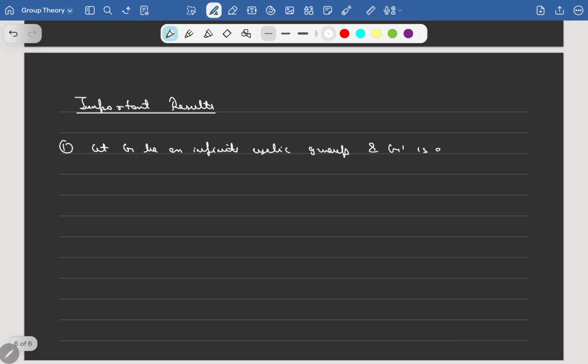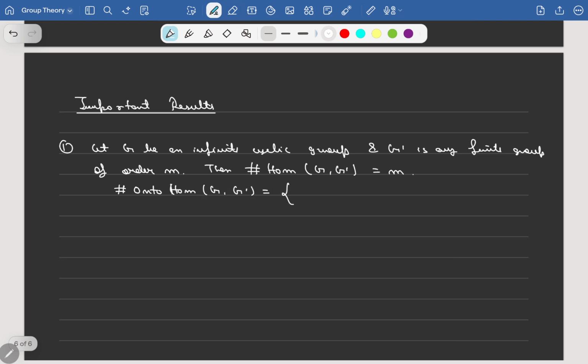and let's say G prime is any finite group of order m, then the number of homomorphisms from G to G prime equals m, and the number of onto homomorphisms from G to G prime is equal to 0 if G prime is not cyclic, which is quite obviously observable, and it's exactly equal to phi of m if G prime is cyclic, because in that case you need to find out the specific orders of the elements, and there will be phi m generators.